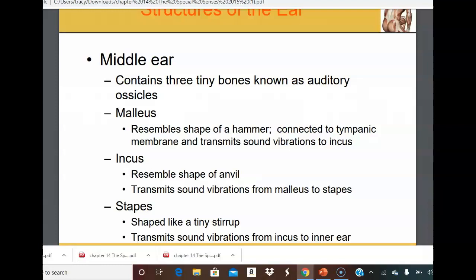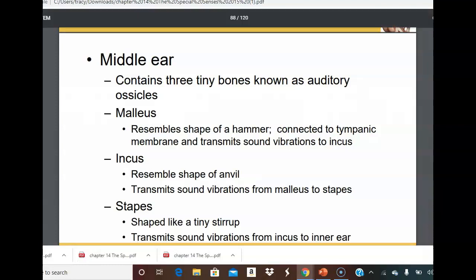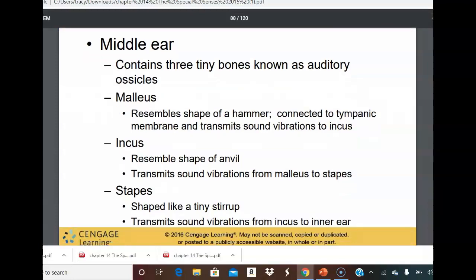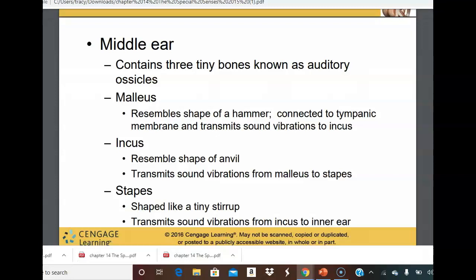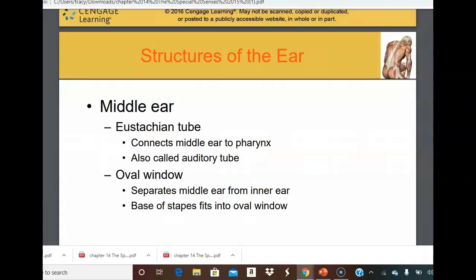It resembles an anvil, and it's the middle bone. And then the last bone is called the stapes, and it looks like a small stirrup. It attaches to the inner ear on the vestibule part of the inner ear and transmits sound waves that were in the air, beat on the tympanic membrane, and then change that air conduction to something we call bone or vibratory conduction.